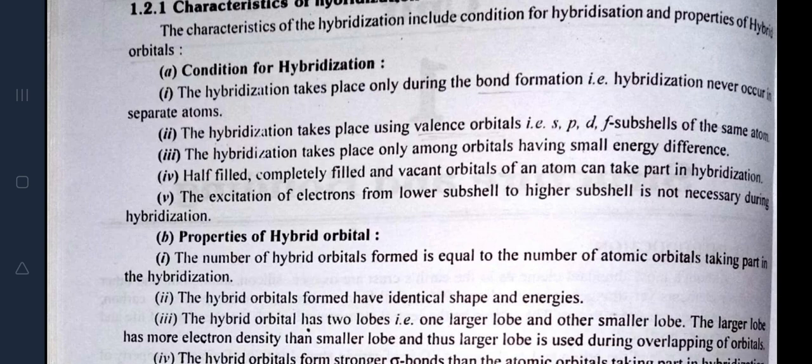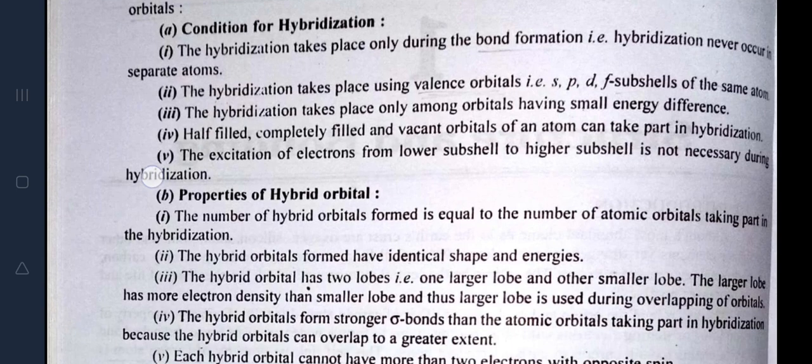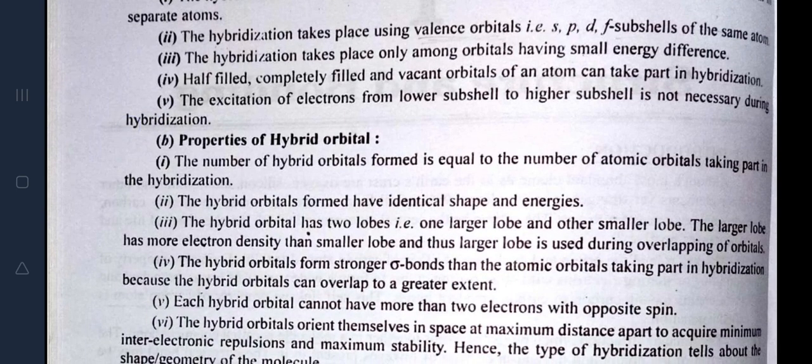Next one, properties of hybrid orbitals. The number of hybrid orbitals formed is equal to the number of atomic orbitals taking part in the hybridization. The hybrid orbitals formed have identical shapes and energies. The hybrid orbital has two lobes, one larger lobe and the other smaller lobe.